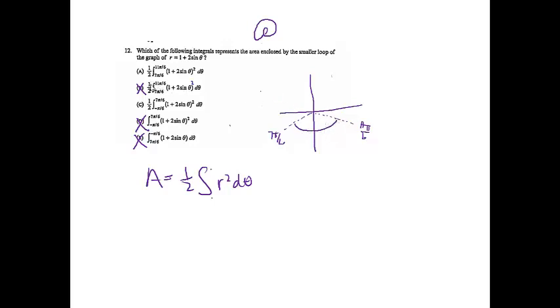And then choice C has me going from negative pi over 6, which would be down pi over 6, starting here and going till I get to 7 pi over 6. So this one has me going all the way around. And I just looked at, well, if I'm looking for a smaller loop, if I had to pick one of those, the smaller distance that I'd have to travel would be the 7 pi over 6 to 11 pi over 6. So that's what I picked, and it was the right answer. So I think it was an okay way to look at it.